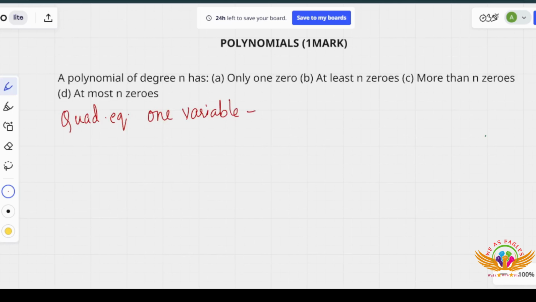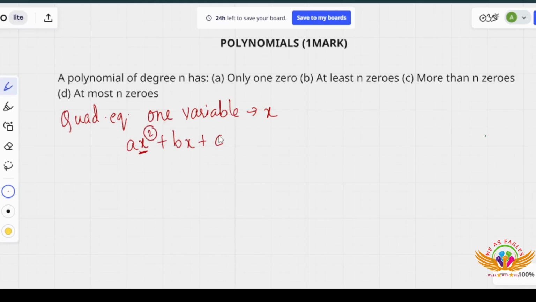Yeah, done. So generally it will be like ax square plus bx plus c. In our 10th standard, in our 10th polynomials, we are generally using only quadratic equations. So first look at the first x term, the first variable. The degree is 2.